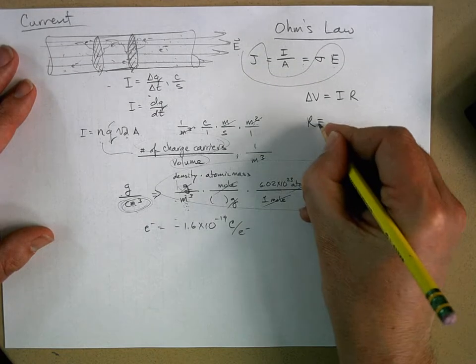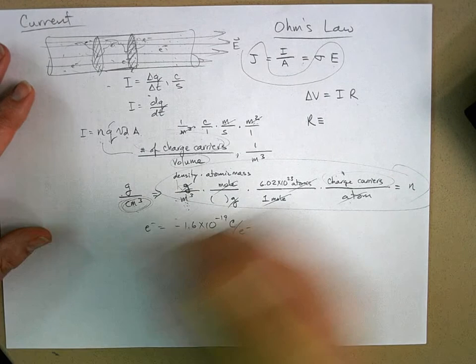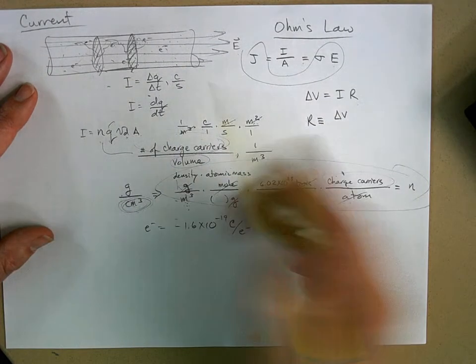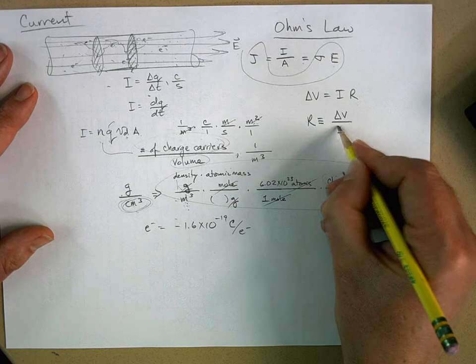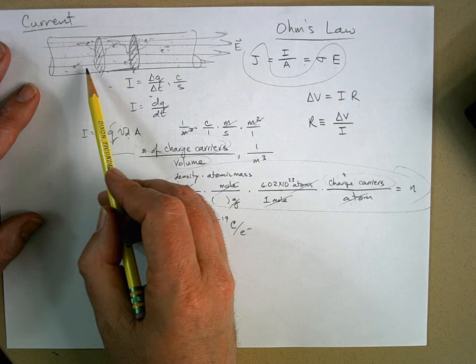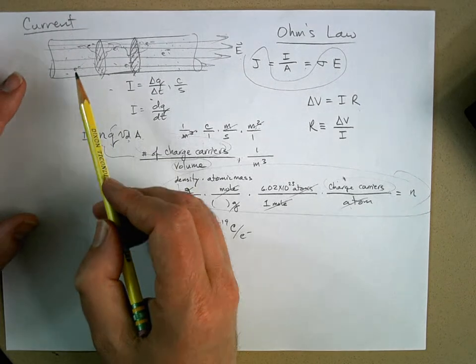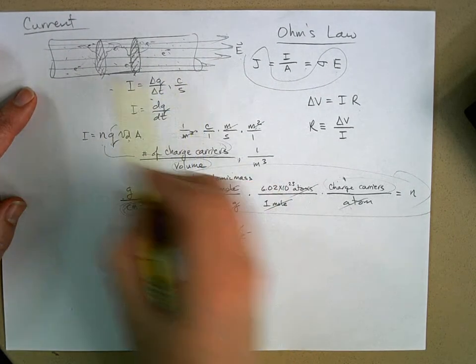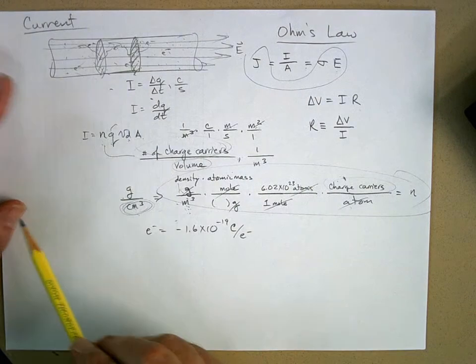Resistance, by definition, is the amount of voltage I need to apply to get an amp of current to flow through this wire. Now, if you have a really nice metal like gold or copper, you'll get a lot of current flowing for a given voltage across that wire.